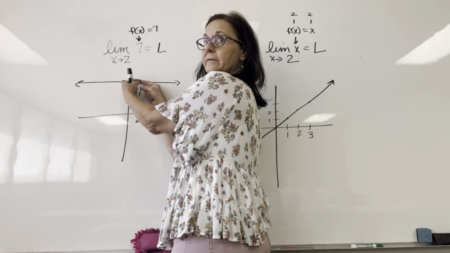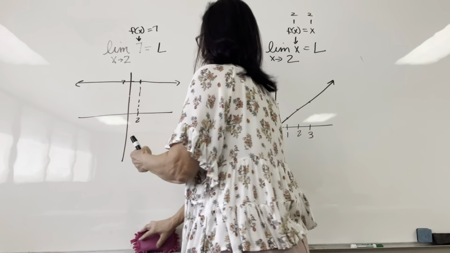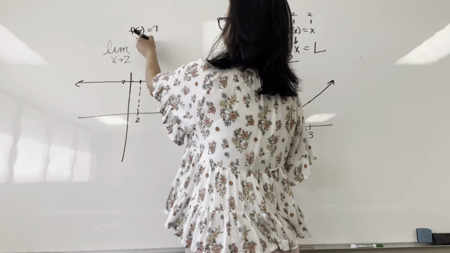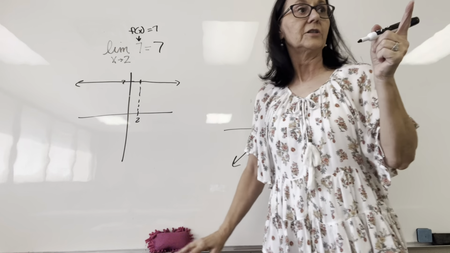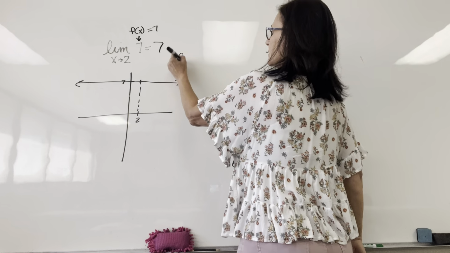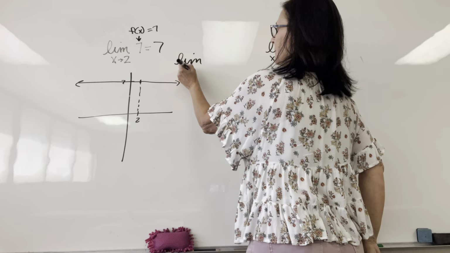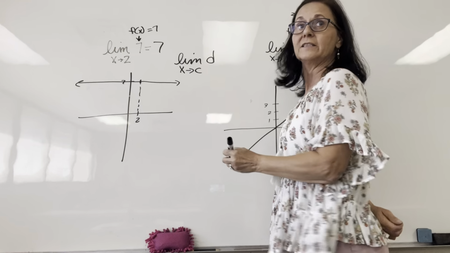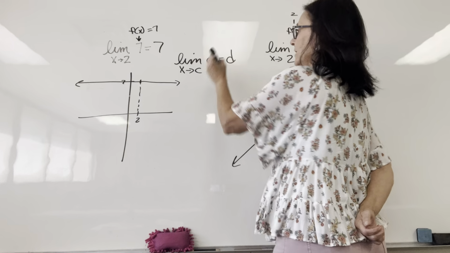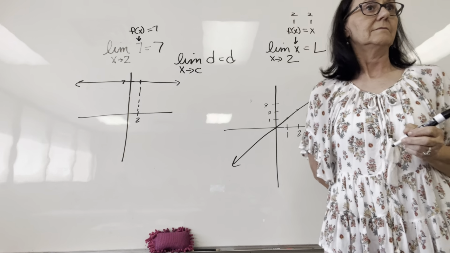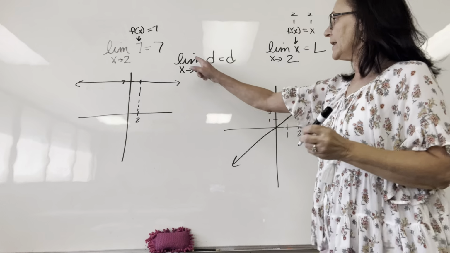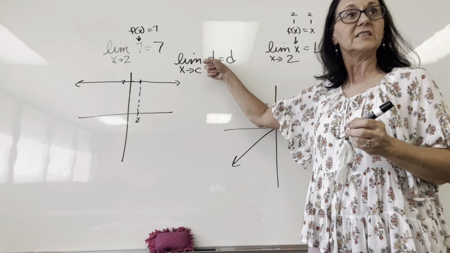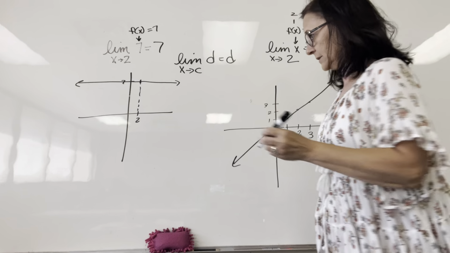So what's the limit? 7. That is true of all constant functions. Here's the formula. The limit as x approaches a number of any constant function will always equal that constant.